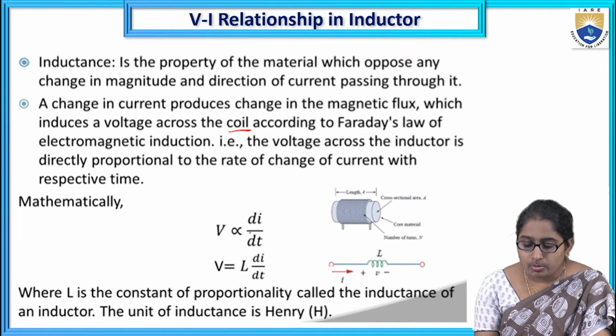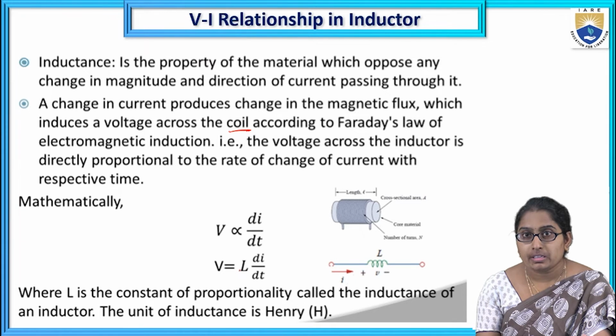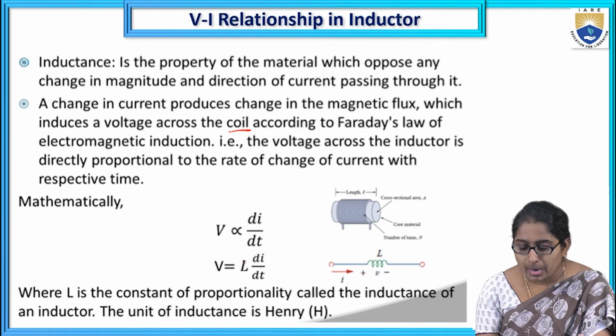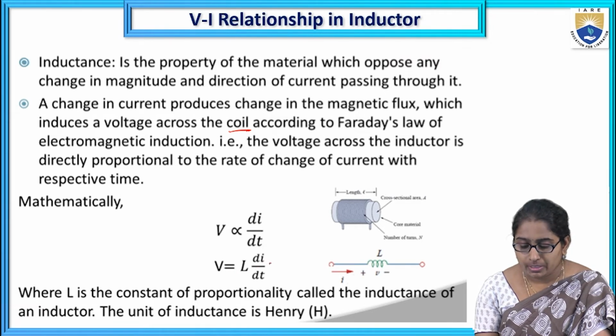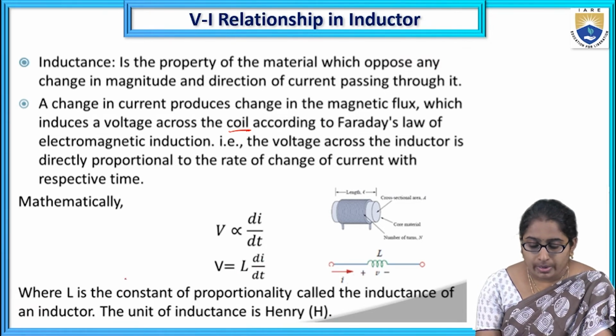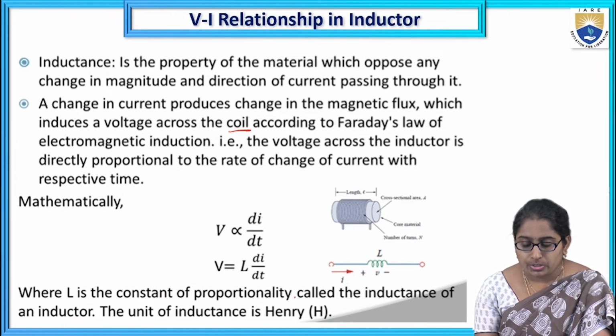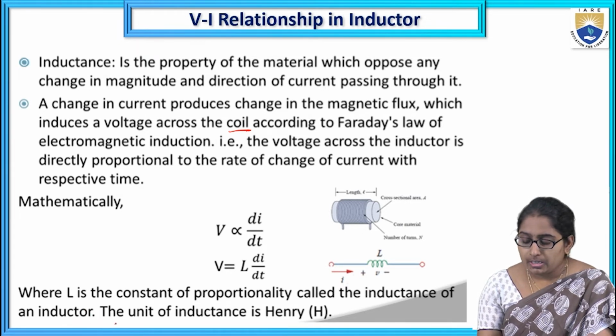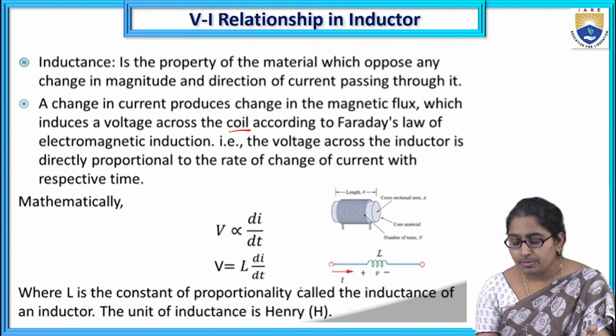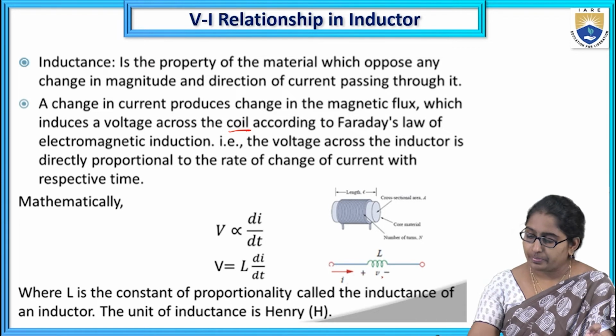The proportionality constant is taken as capital L, so V equals L into dI by dt, where L is the constant of proportionality, called the inductance of the inductor. The unit of inductance is the Henry, denoted with capital H.